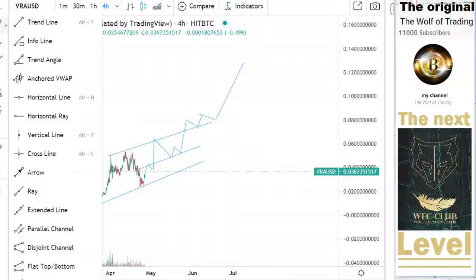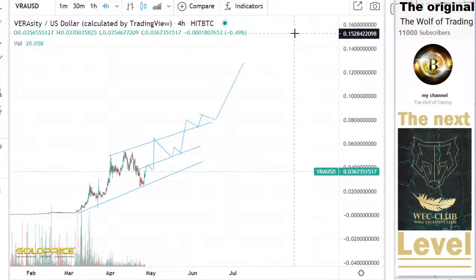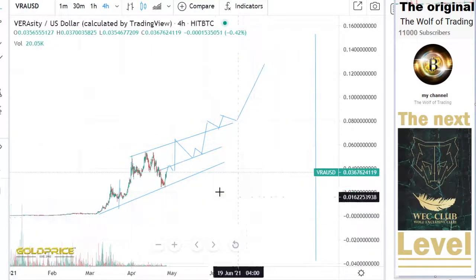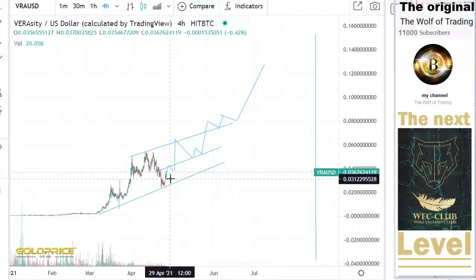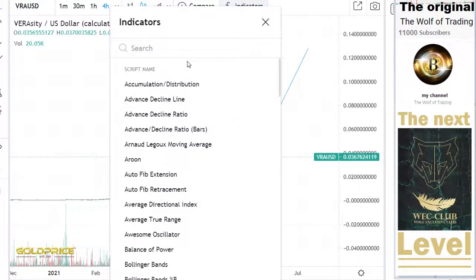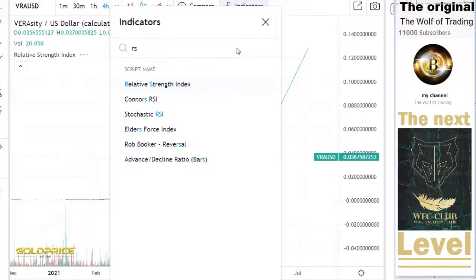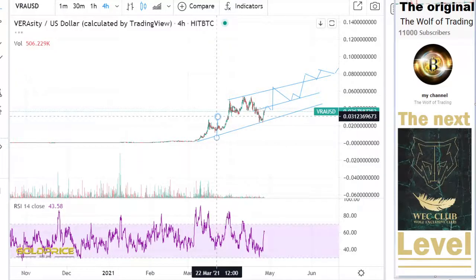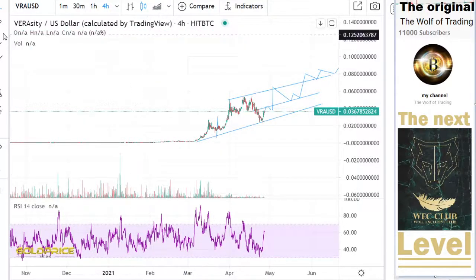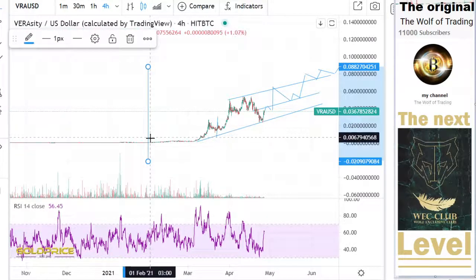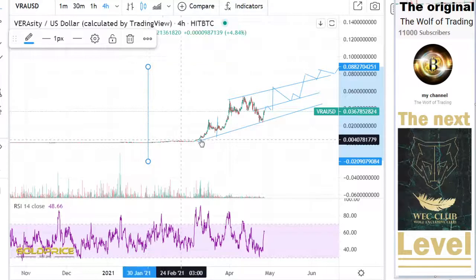Now I think we have the bull market until August or end of year. So imagine how much time we have here to go to the top side. I also want to show you that this formation begins at the beginning of January, and the duration is nearly 4 months.